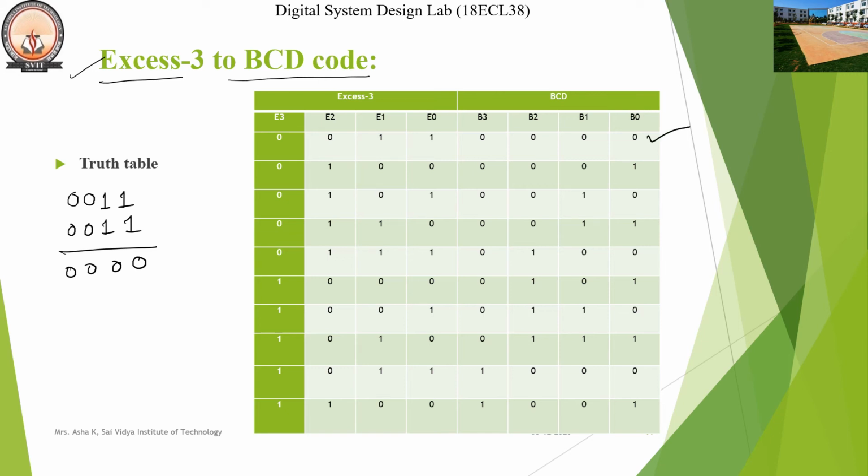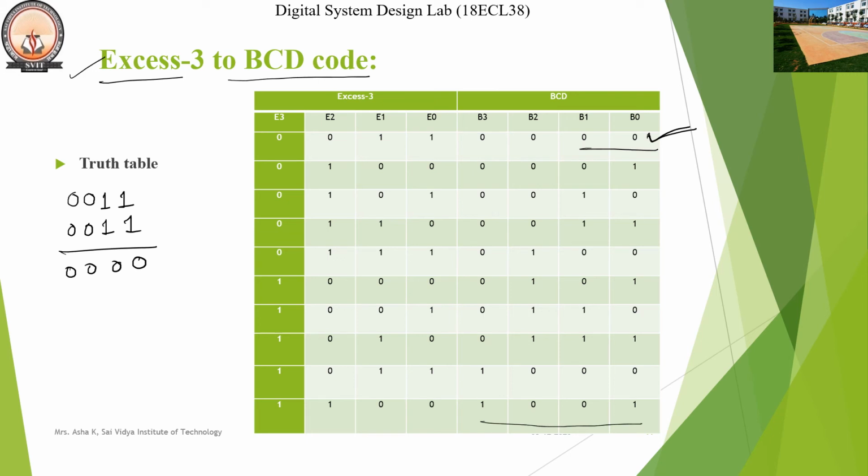So after subtracting the constant 3 from each excess-3 code, we get the binary coded decimal values. Binary coded decimal values always range from 0000 to 9, which is represented in binary as 1001.